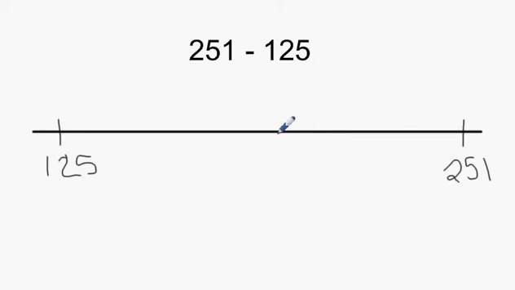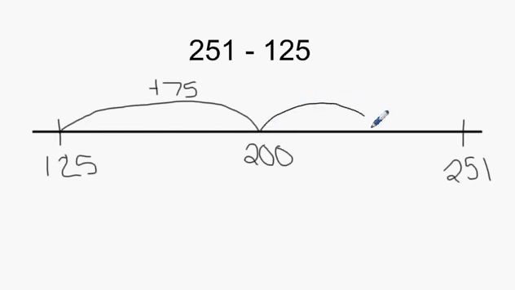Usually what I do is we go backwards, or you can count up. Sometimes the kids like that way. So they already know that when you add 75, you get to 200, and you add 50 to get 250.